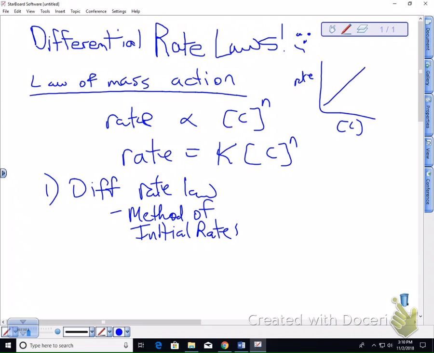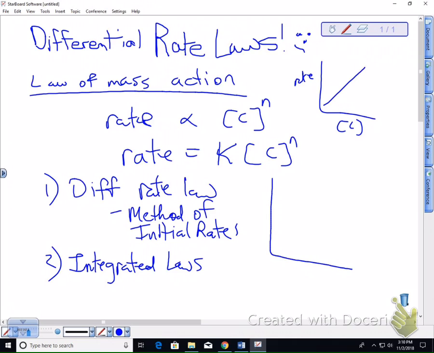I'll explain that in just a second as we continue. The other way we can come up with these orders is to use what's called the integrated rate laws. And we will not be doing those at all in these videos. There will be another video following this about integrated rate law. But back to differential rate law and the method of initial rates.